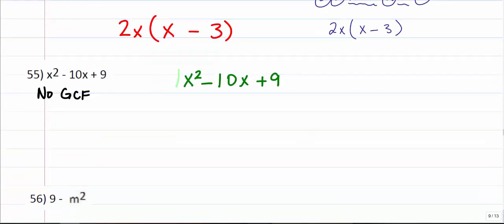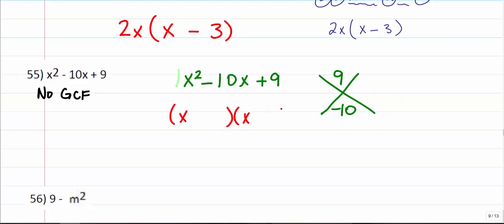What that tells me is I can just do a simple diamond where I put the last number on top and the middle number on the bottom. If I'm going to factor this, I know the x squared is going to break down into x times x. But I need to break down this 9 in such a way that when I add those 2 factors, I get a sum of negative 10.